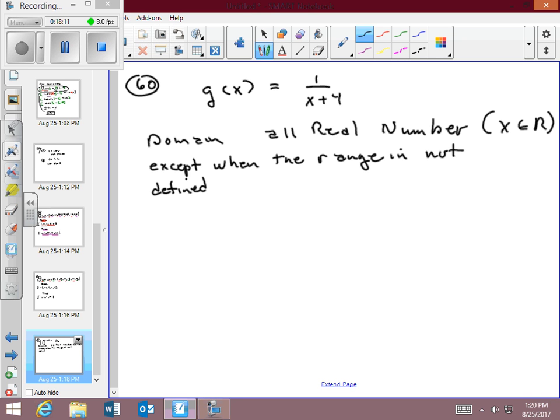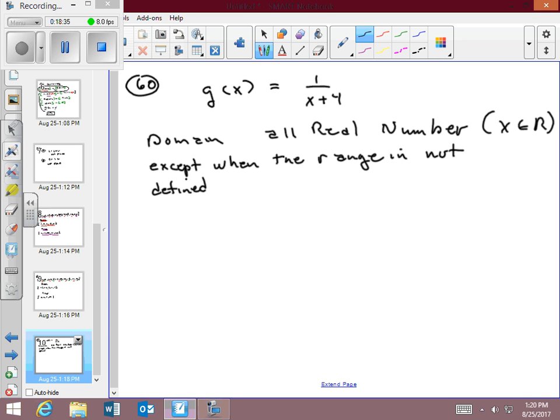What can you not divide by in the real number system? What makes an undefined number? When you try and divide by 0, right? Because 0 into any real number is not infinity, it's undefined.